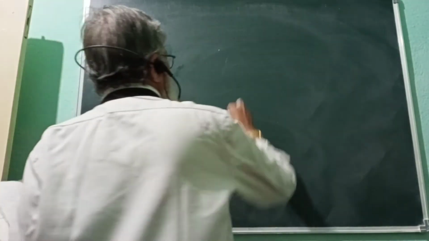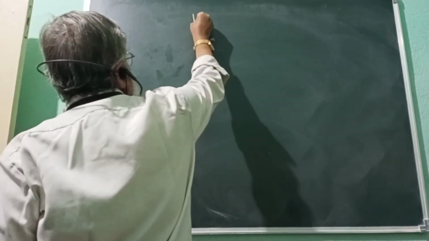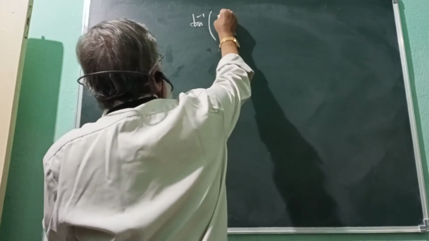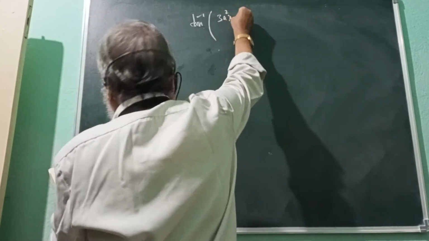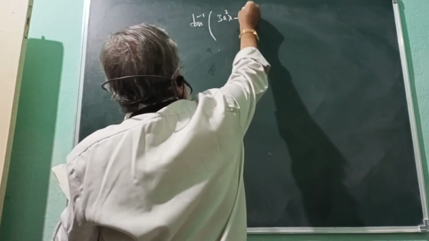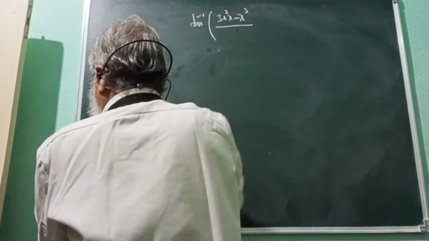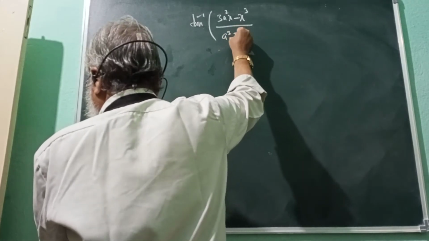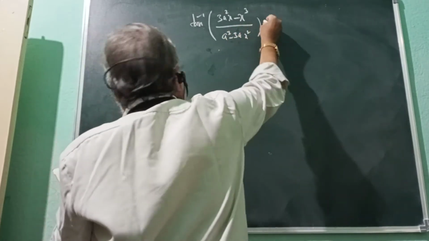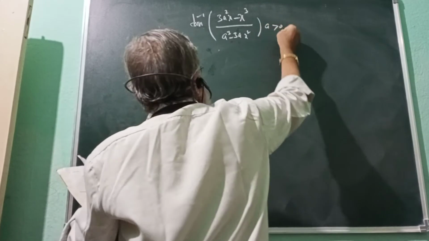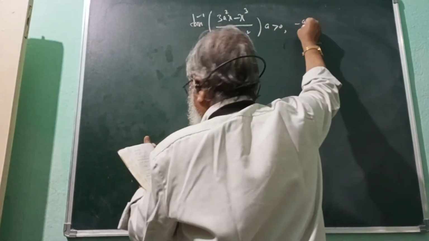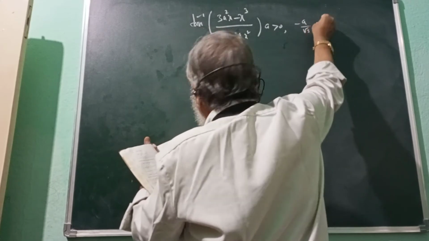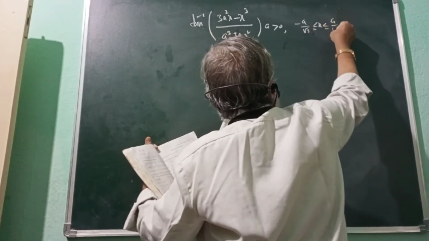Write the simplified form of tan inverse of (3a square x minus x cube) divided by (a cube minus 3a x square), where a is greater than 0 and minus a by root 3 is less than or equal to x is less than or equal to a by root 3.